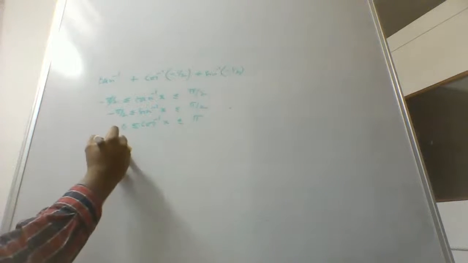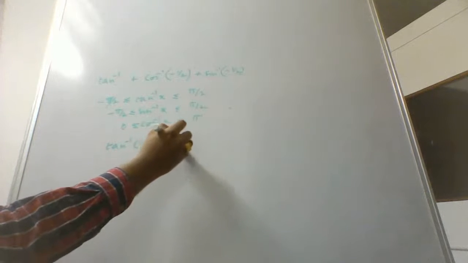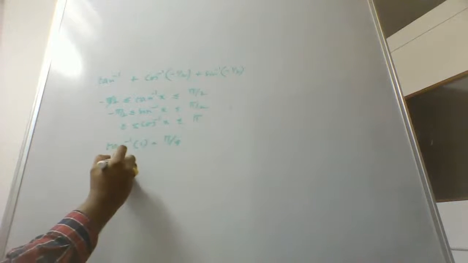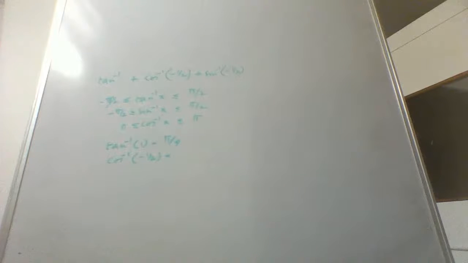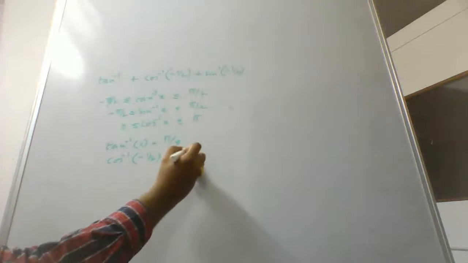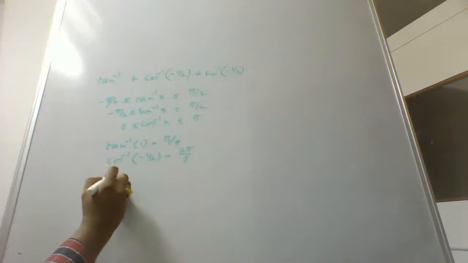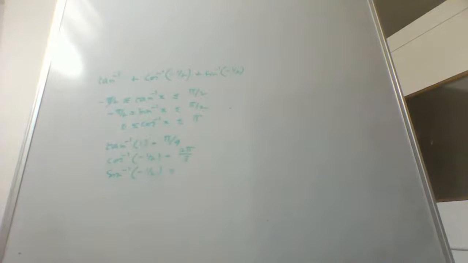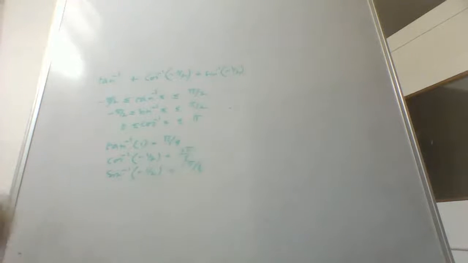Now, tan inverse of 1 is pi by 4. Cos inverse of minus 1 by 2 will be 2 pi by 3. And sin inverse of minus half will be minus pi by 6.